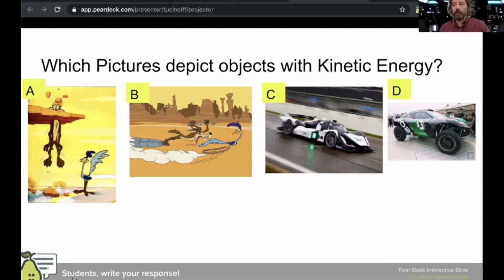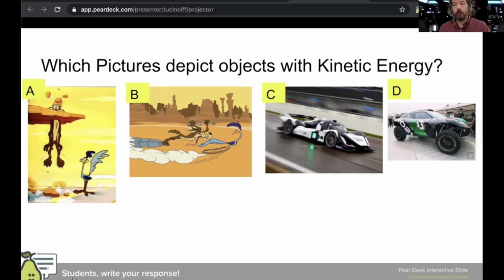Okay, someone's asking to re-summarize what I just said about the reference frame. Bottom line is, it's all about what you're actually observing and the context you're in. If you're only looking at the room you're in and that's your only context and you're not moving, then you have zero kinetic energy.